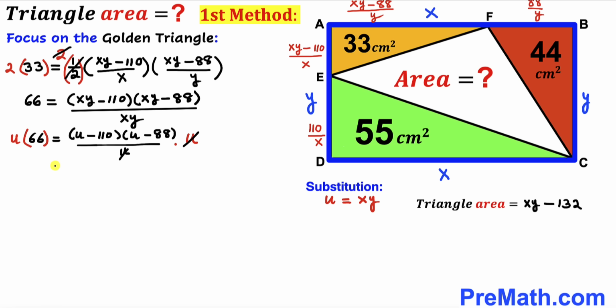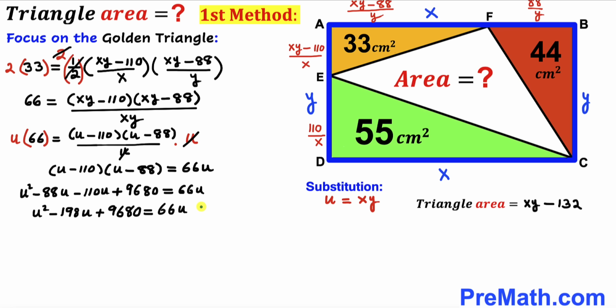So we end up with u minus 110 times u minus 88 equals 66 times u. And now I'm going to multiply these two factors by double distribution, as you can see in this next step. And now I'm going to subtract 66u from both sides.